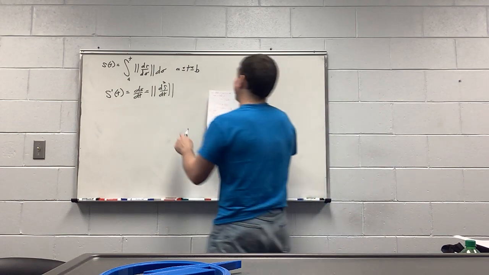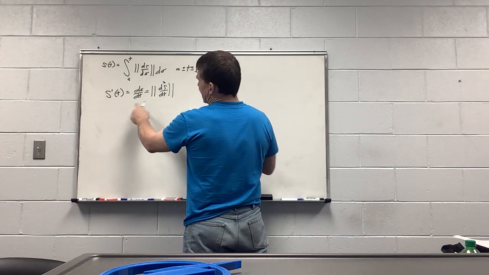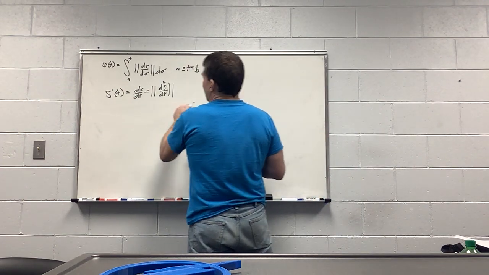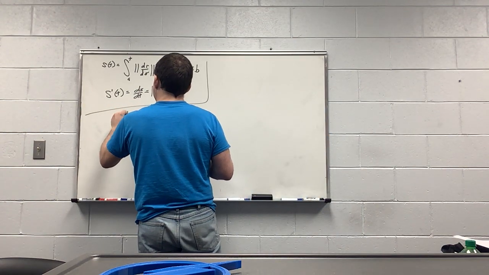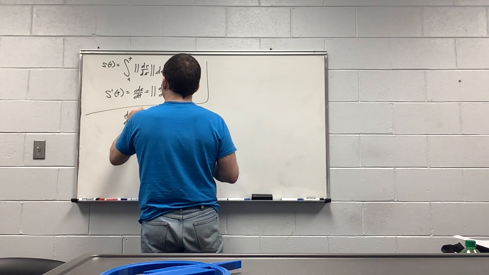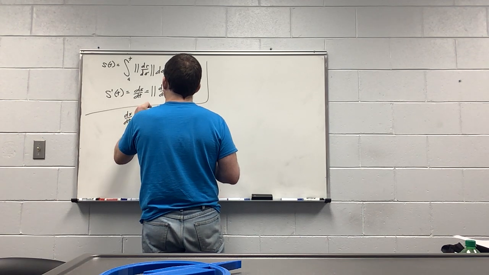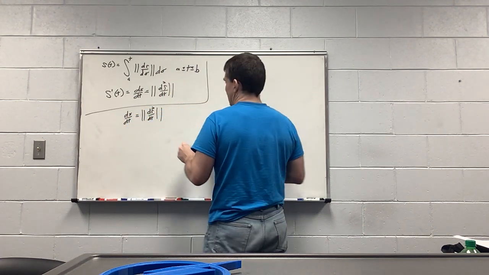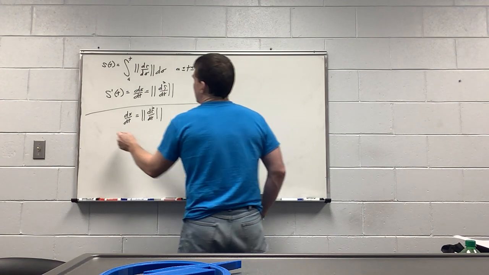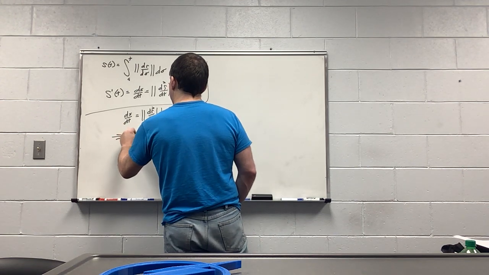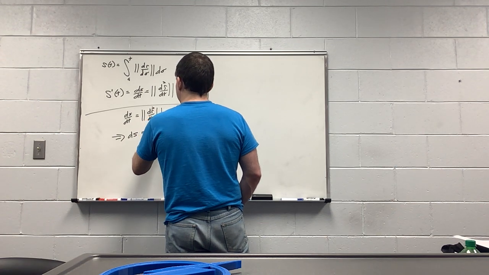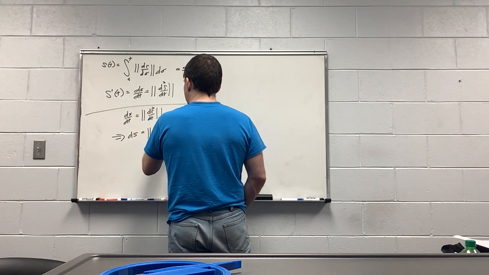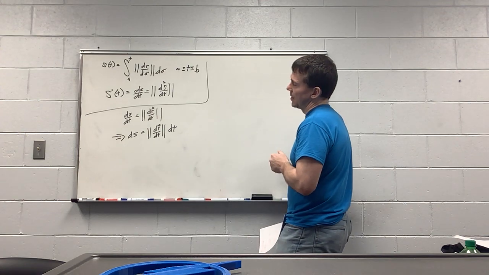But now, well, I guess I can manipulate this. Here, I have ds dt is equal to the magnitude of dr dt, which tells me ds is equal to the magnitude of dr dt times dt.